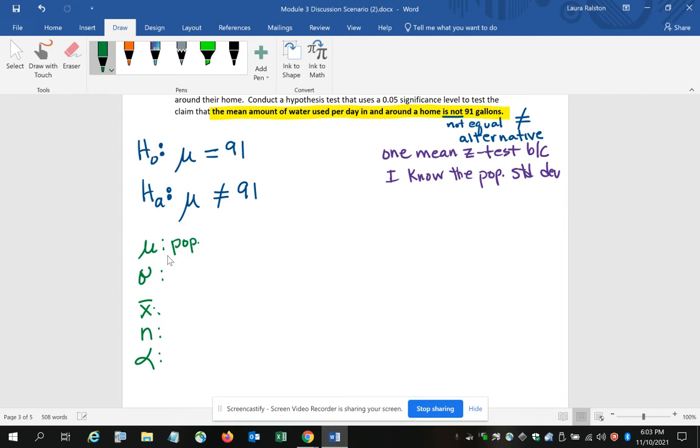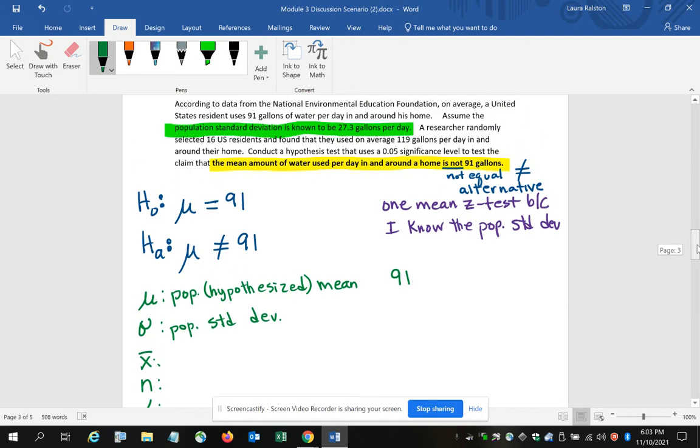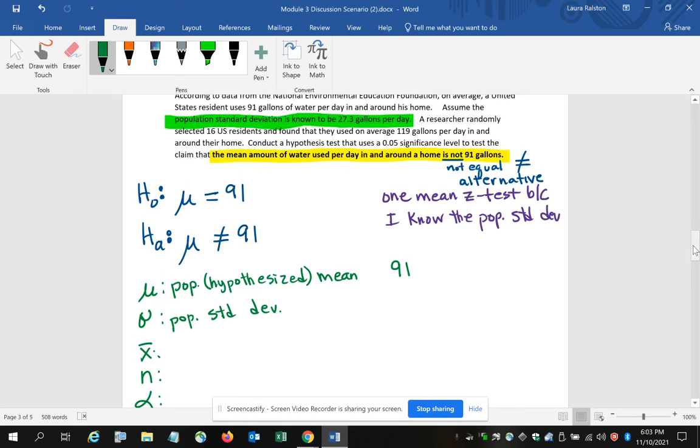So the population or the hypothesized mean, which comes from the hypothesis, is 91. The population standard deviation I had highlighted in green.